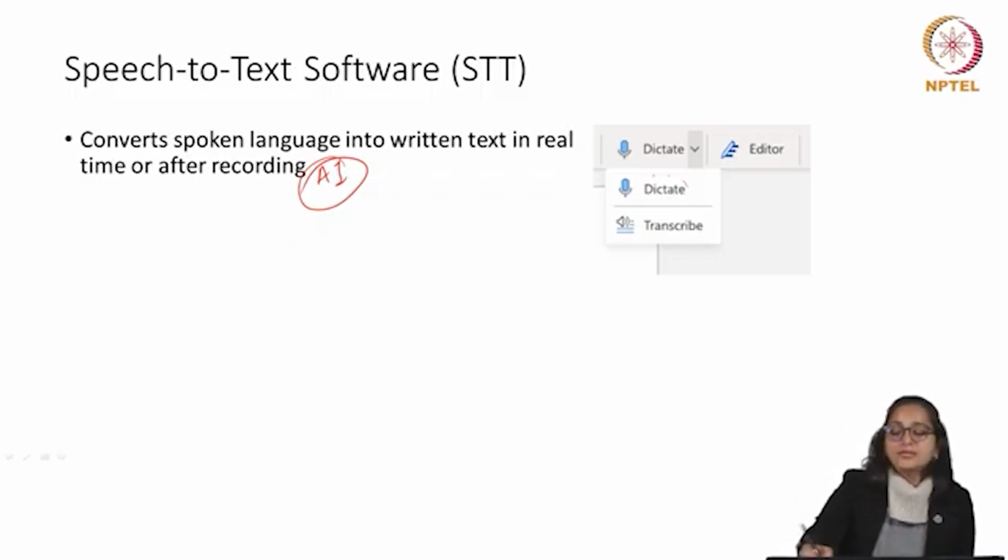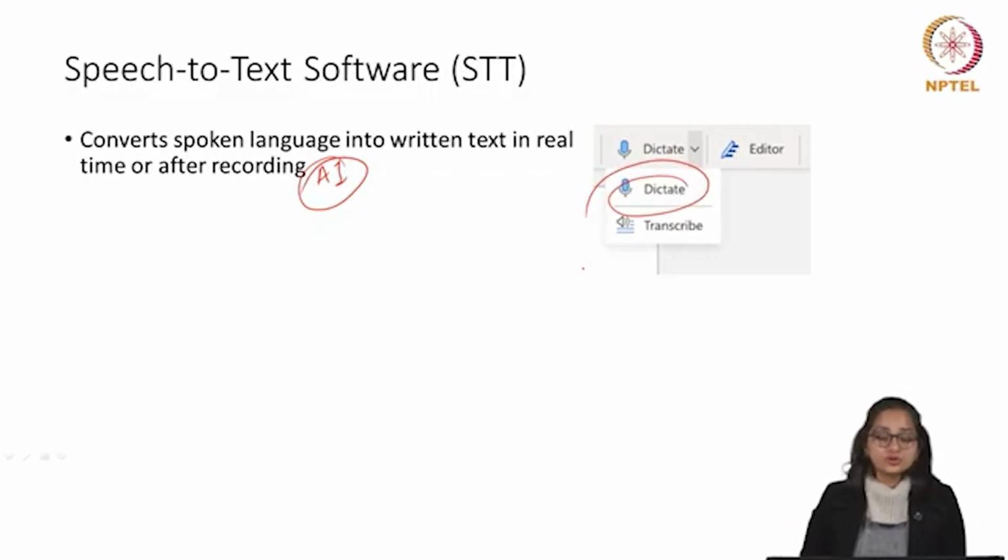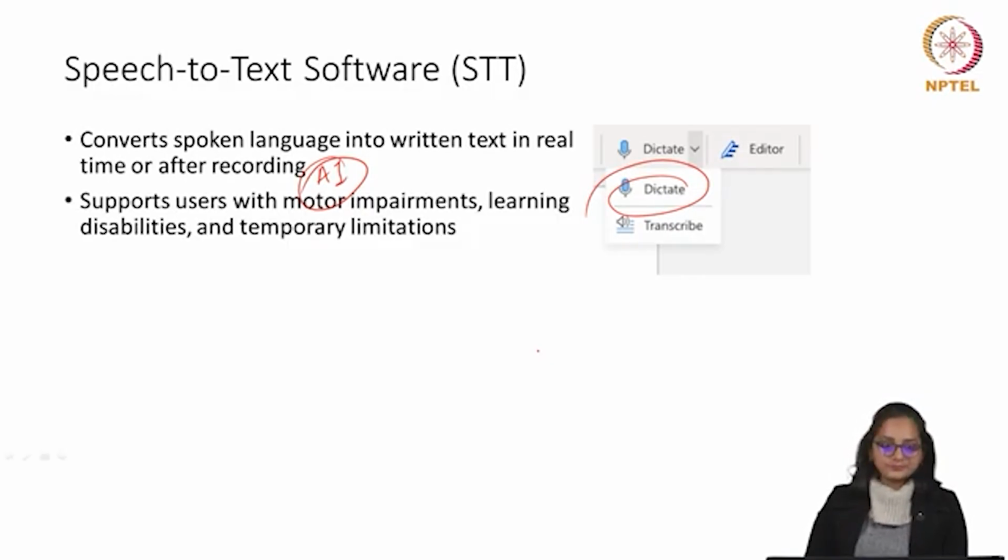One of the commonly used versions of speech to text software, I'm sure there are a lot of apps which you might be aware of that offer STT facility, but now it is also embedded in your Office Word, right? So you can dictate and it automatically converts it into text format in real time.